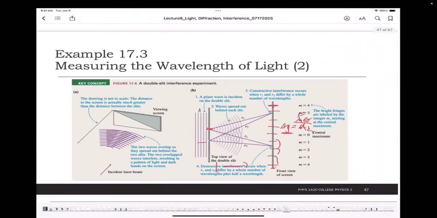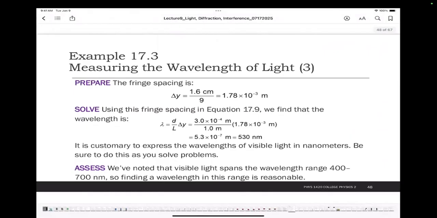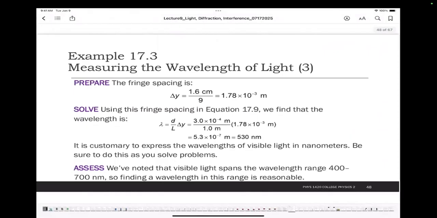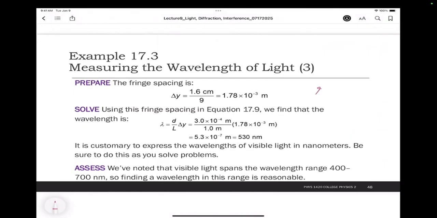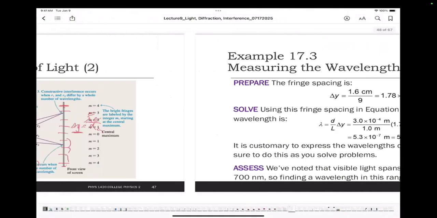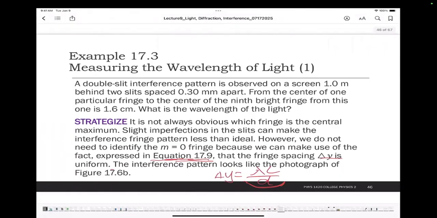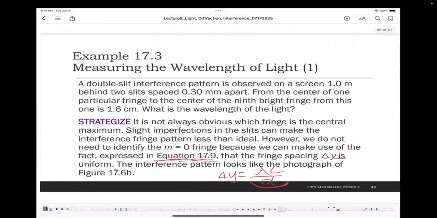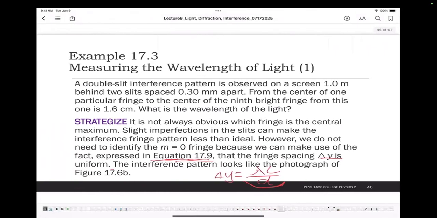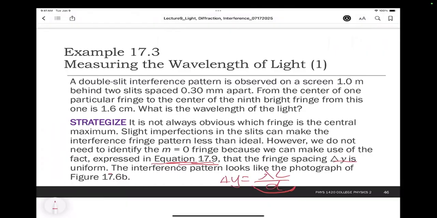So let's continue. The fringe spacing delta y equals lambda L divided by d. And here d is 0.3 millimeter. Am I right? And the screen distance is 1.00 meter.